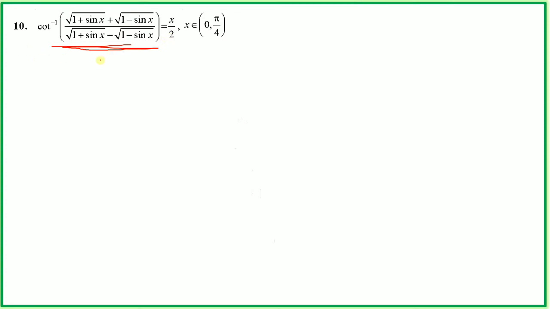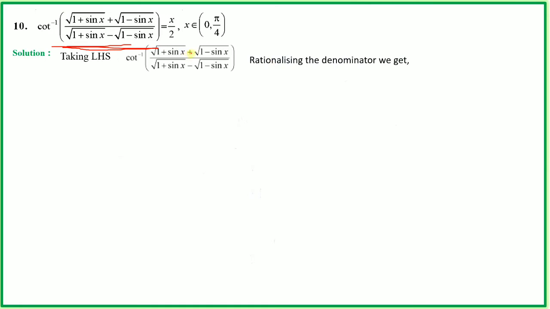Taking the left hand side, as you can see only the plus and minus differ, so we will rationalize the denominator so that we have a square minus b square in the denominator and a plus b whole square in the numerator.